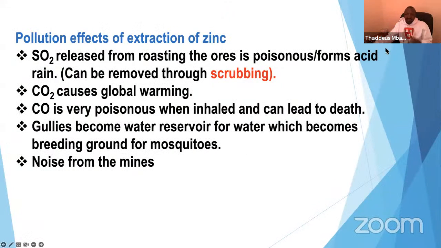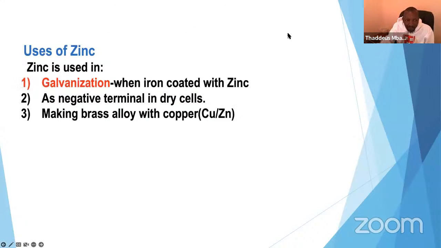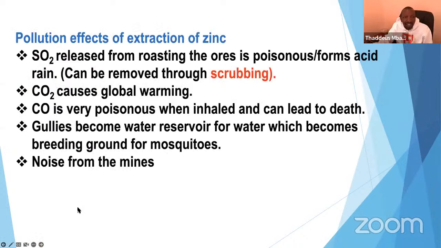Just remember, the ore for copper is copper pyrite, which contains sulfur. The same for lead, the same for zinc. So all of them are going to lead to pollution by sulfur oxide, which forms acid rain. Number two, extraction of metals leads to creation of gullies and also noise pollution due to heavy machinery.